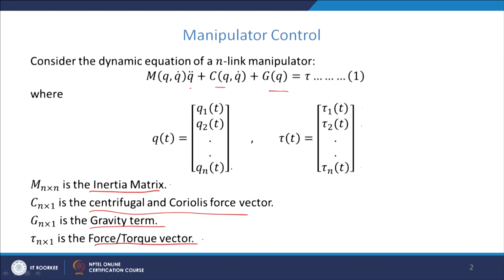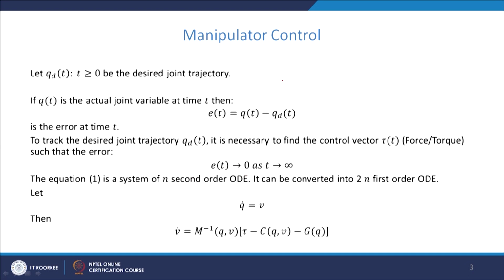Now, the problem is to find the control. Control is here the torque vector tau of t. For an assigned task, how to find the control torque? Let us assume that q d denotes the desired joint trajectory.